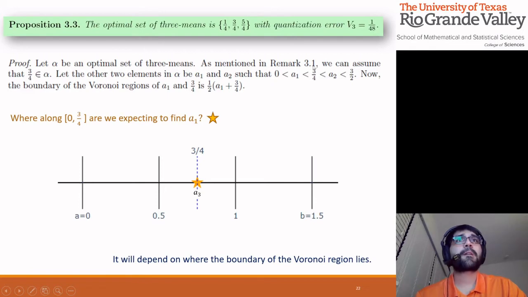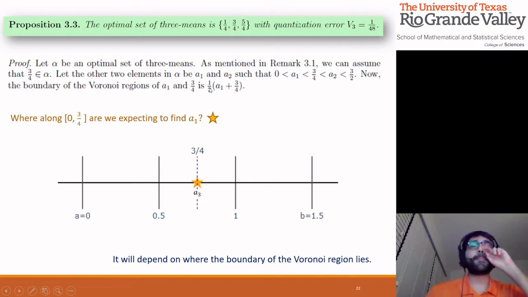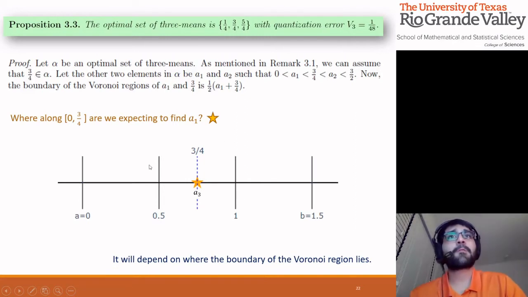As mentioned in remark 3.1, we can assume that 3/4 is a quantizer, and let the other two elements in alpha be A1 and A2, such that A1 is greater than 0 and less than 3/4. A2 is greater than 3/4 and less than 3/2. Now, the boundary of the Voronoi region of A1 and 3/4 is given by this. It's (A1 plus 3/4) divided by 2. Okay, so this is what we know so far.